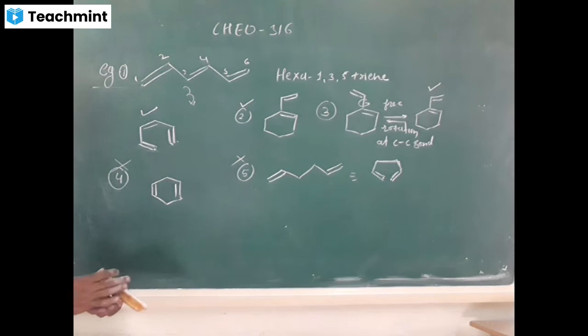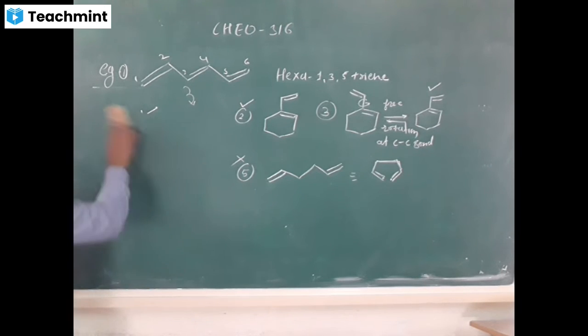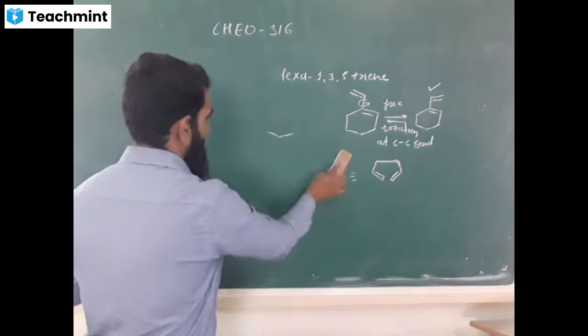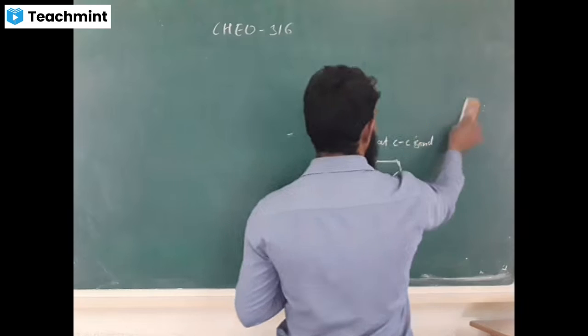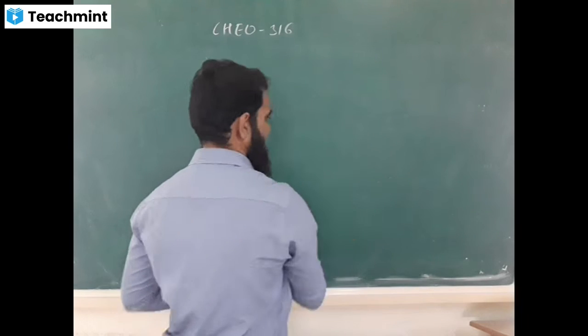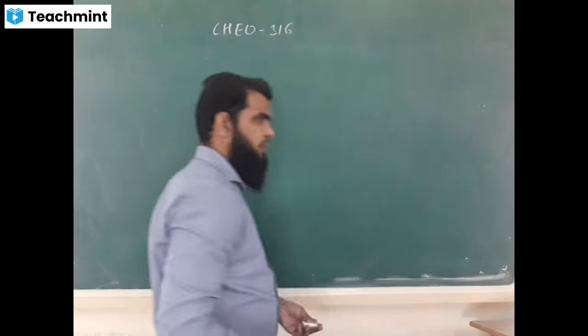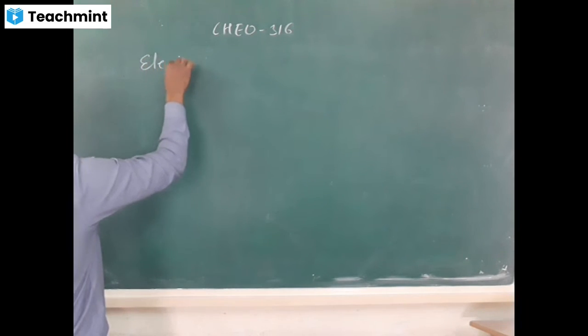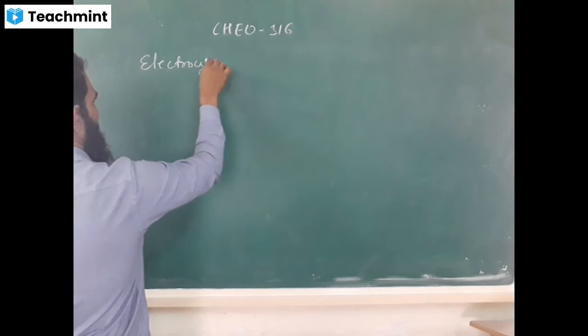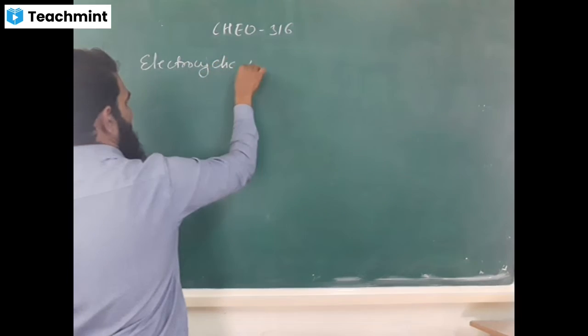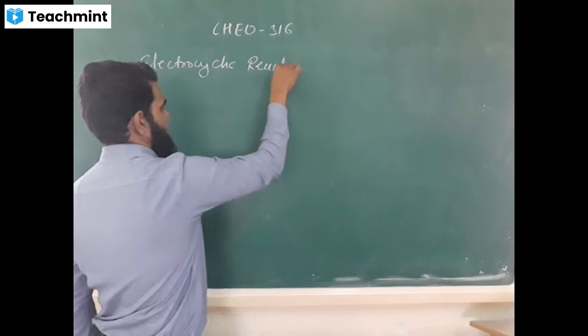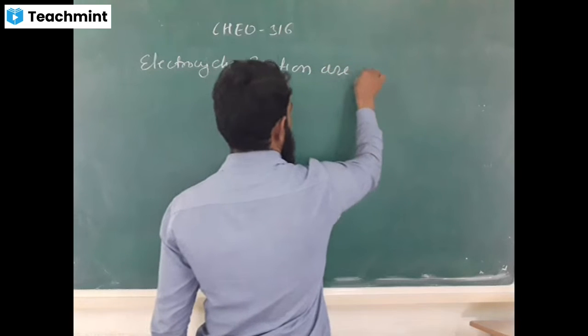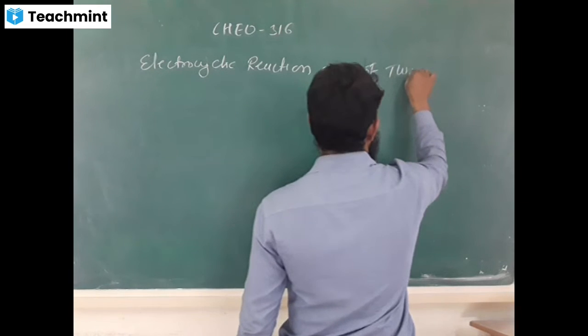Okay, next one is types of electrocyclization reactions. In that, electrocyclization reactions are of two types: 4n pi electron electrocyclic reactions and 4n+2 pi electron electrocyclic reactions. Electrocyclic reactions are of two types.